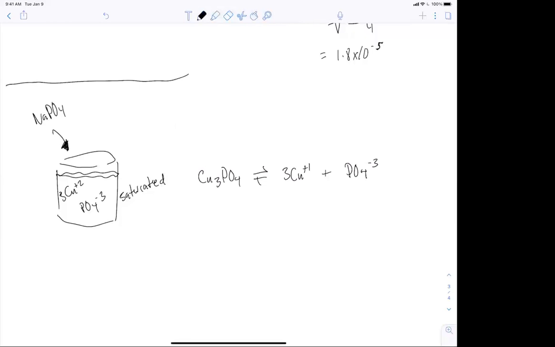So this is a Le Chatelier's principle type thing. This is the common ion effect. I'm adding in phosphate, which is the common ion in the product, so that's going to shift the reaction back towards this direction. And if this thing is saturated, you're going to form some additional copper phosphate at the bottom. Does that part make sense?